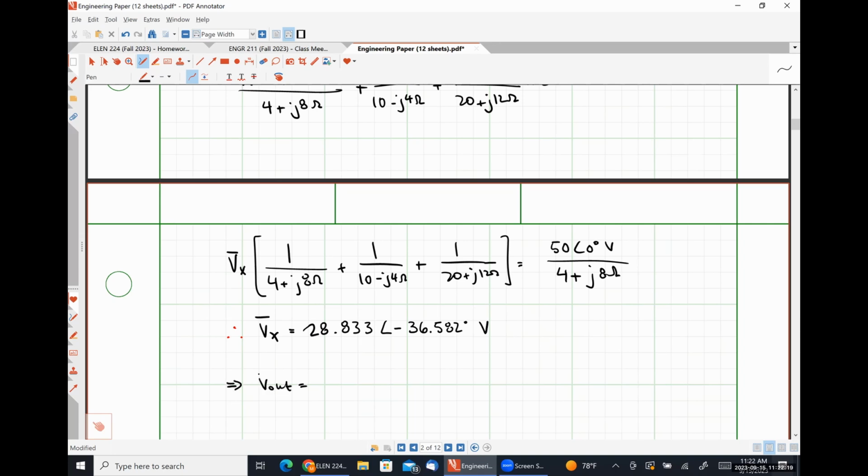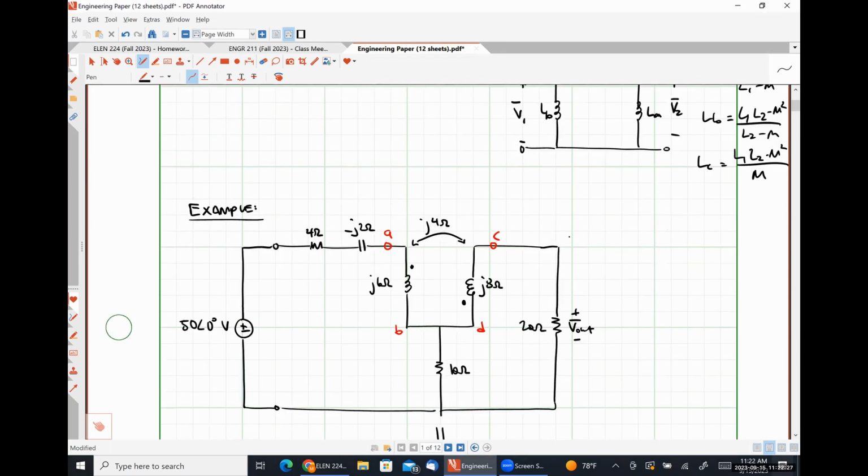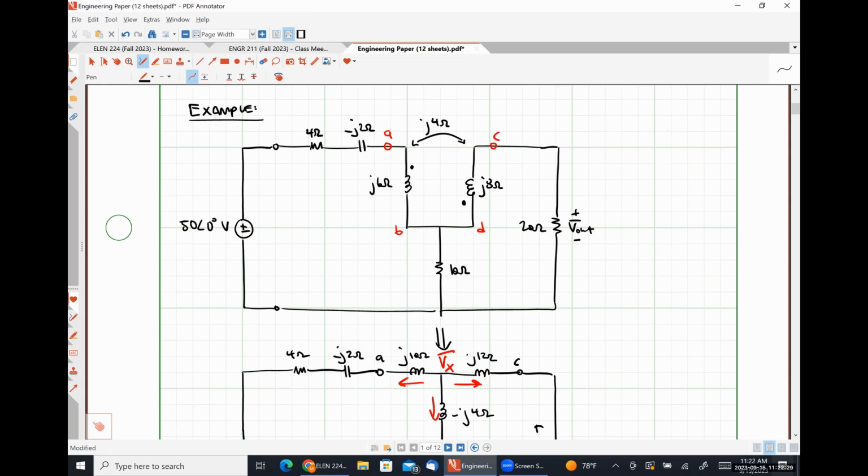V out is just going to be Vx times, let's see here, 20 over 20 plus J8. No, sorry, 20 over 20 plus J12.